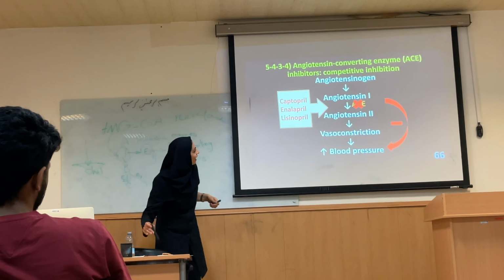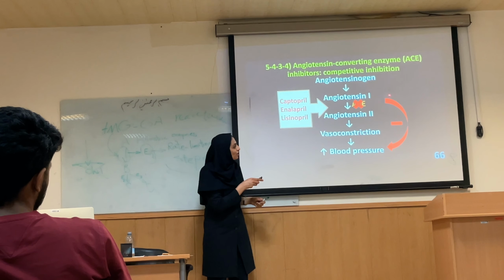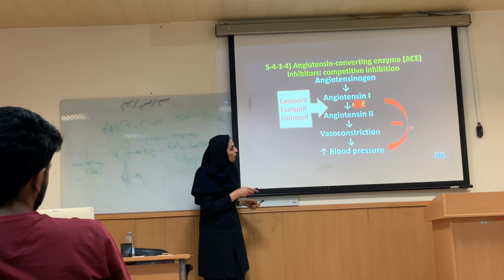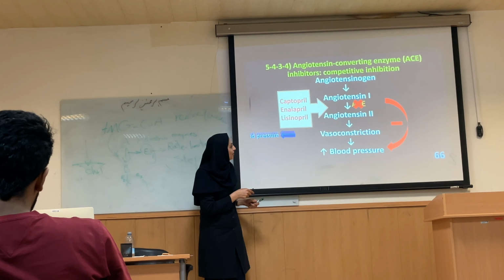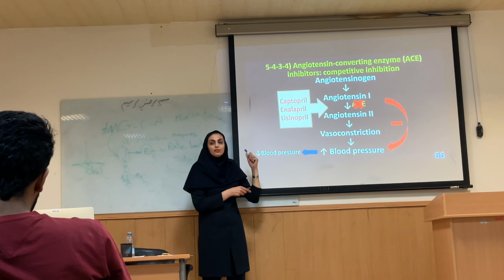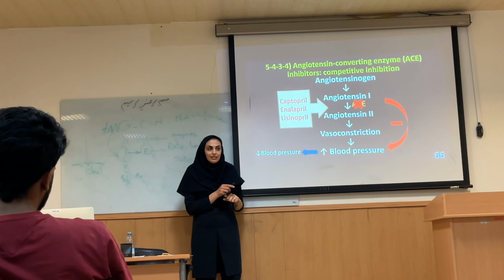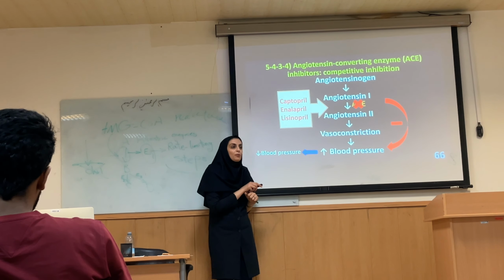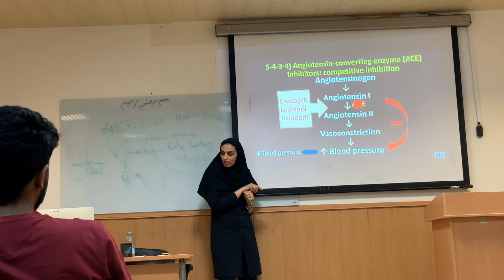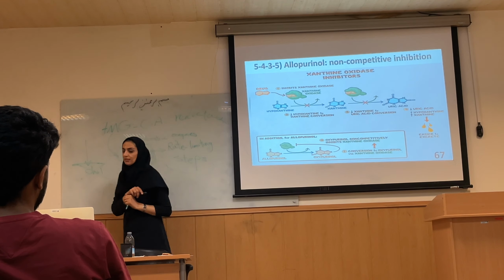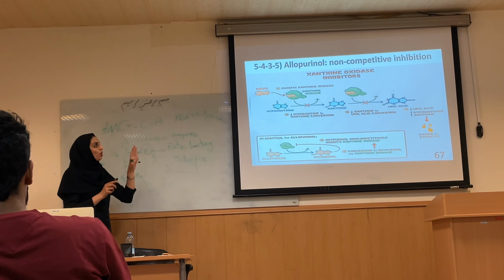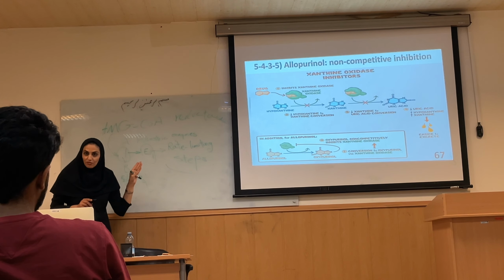What does it say? It says that the blood pressure increase will be inhibited and the blood pressure decreases. It is used in hypertensive patients. And these were competitive inhibition.